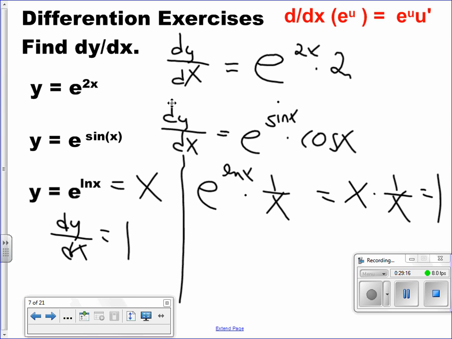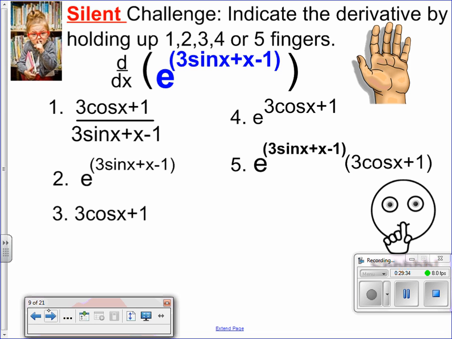If it was e to the ln of 2x, it would just equal 2x, and what would the derivative be? 2. That's what you just said. Okay, got it. Skip over these next two for a second.